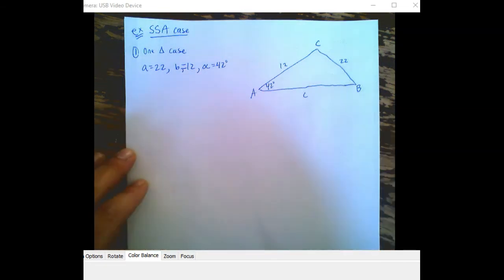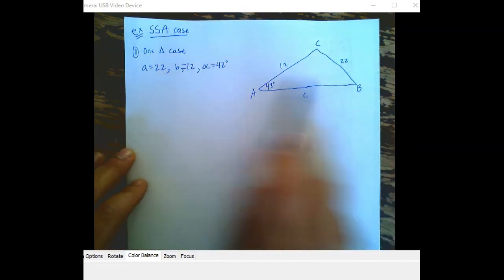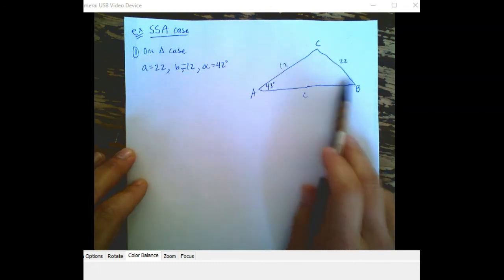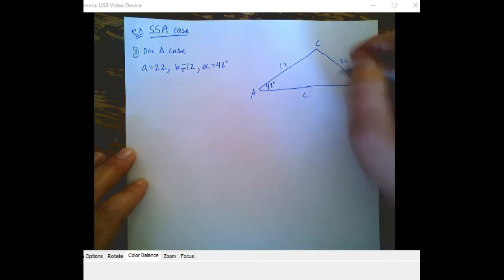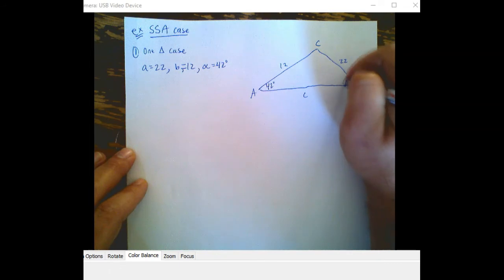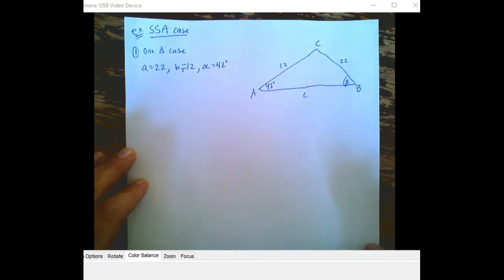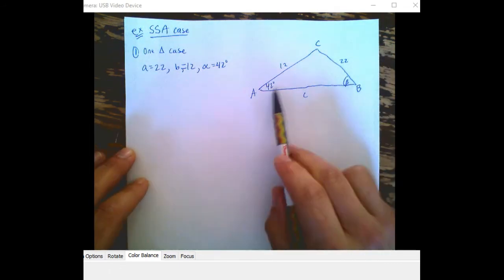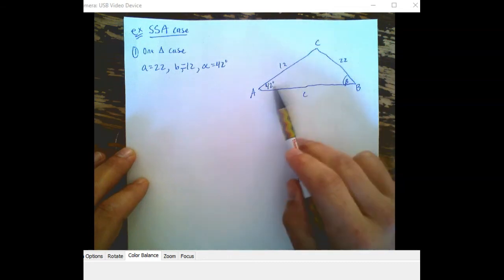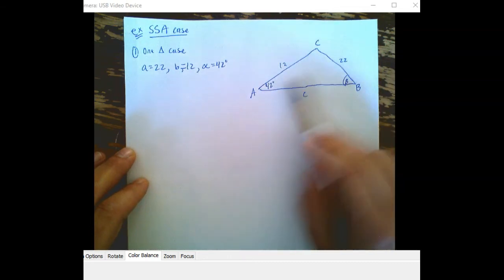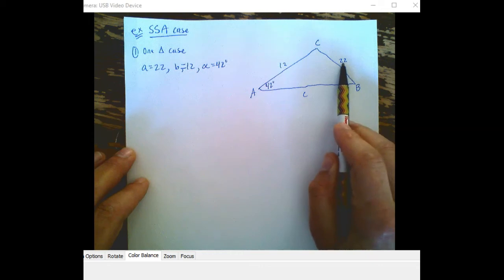All right, so what we're going to do first is find angle beta, this angle right here. We can do that by using one round of Law of Sines, because I have an angle and side combination.